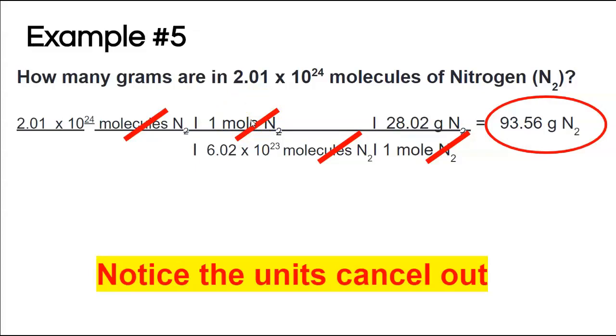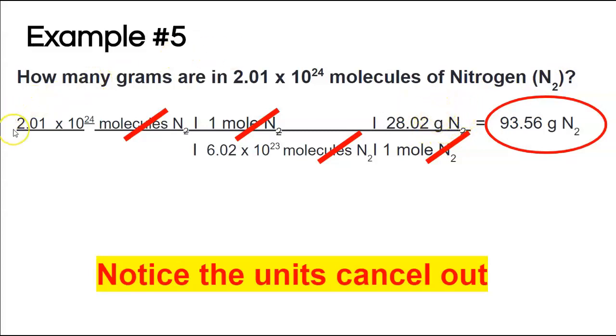The second step is to convert from moles to grams of nitrogen. For every 1 mole of nitrogen, moles go to the bottom so that they cancel. That weighs 28.02. I had to look on my periodic table for the mass of nitrogen, 14.01, but there's a 2, there's 2 of them, so it's 28.02. All the units cancel but grams.